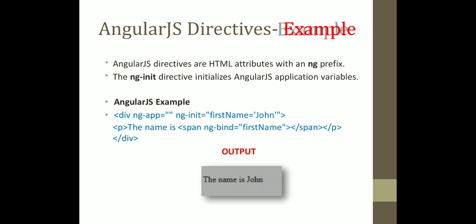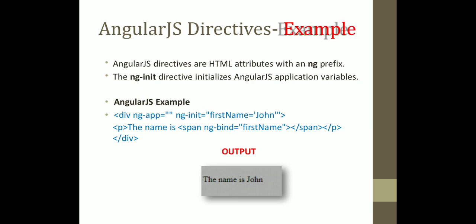Then in the paragraph we have taken the statement, the name is, and we have used the span tag. In the span we are defining ng-bind equals firstName. Here we are only calling the variable name. Then close the span tag as well as the paragraph tag and div tag.